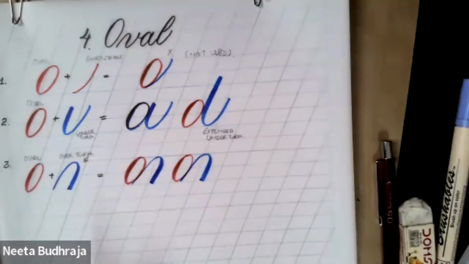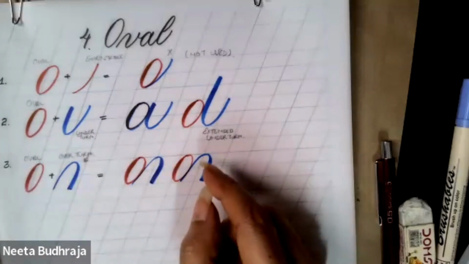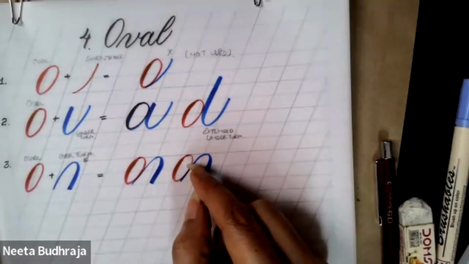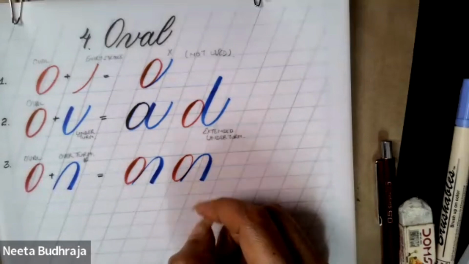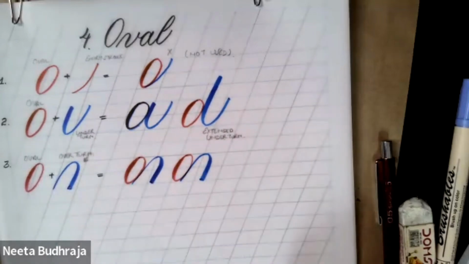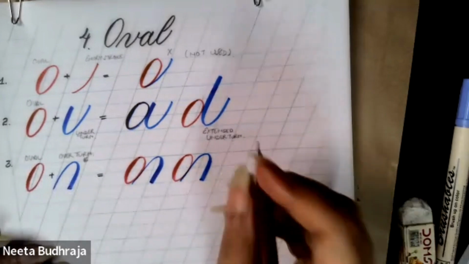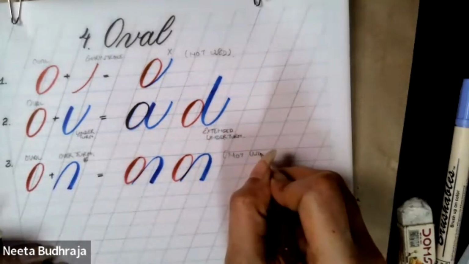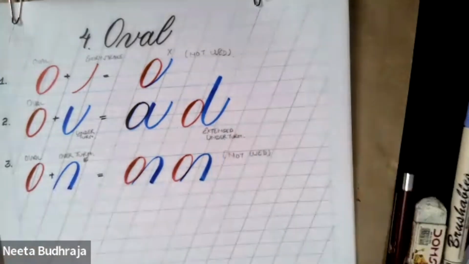Even in joining, I don't remember if there is any other letter connecting the letters together. I don't think we join or make such a combination, even if we are doing this or this. I don't think we use this. If you have any idea where it can be used, let me know. So I will write not used.